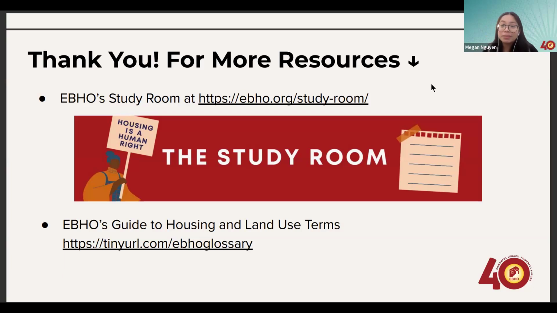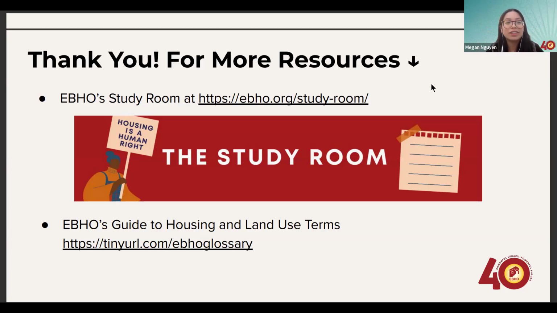For more resources, because we tried to fit as much as we could in this hour, please have a look at our study room. It's our online resource guide with nooks, kind of like a virtual library where you could dive into different chapters of how we got to this housing situation, how housing inequality became this bad, or how we build power. What solutions do we know work?